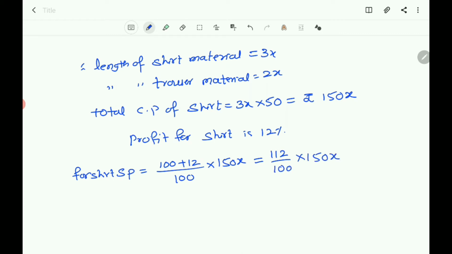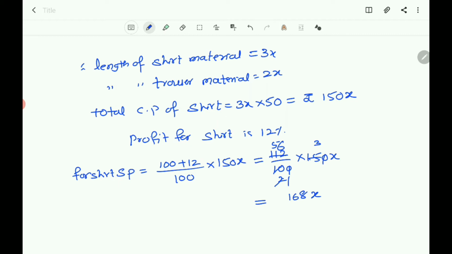Here the zeros cancel, and 56 into 3: 6 threes are 18, and 5 threes are 15, plus 1 is 16, so you will get 168x rupees.